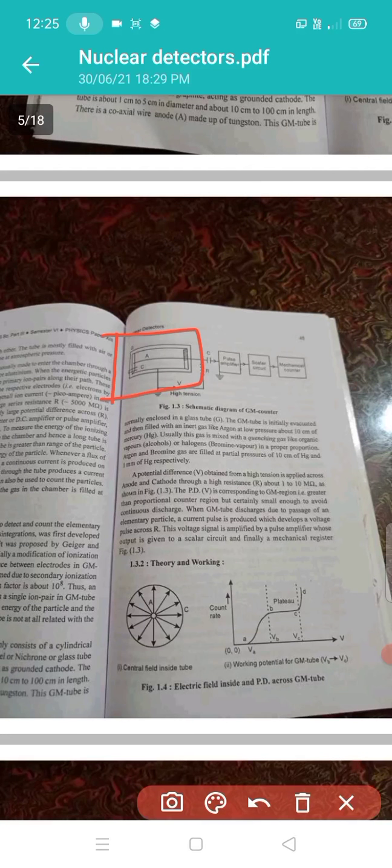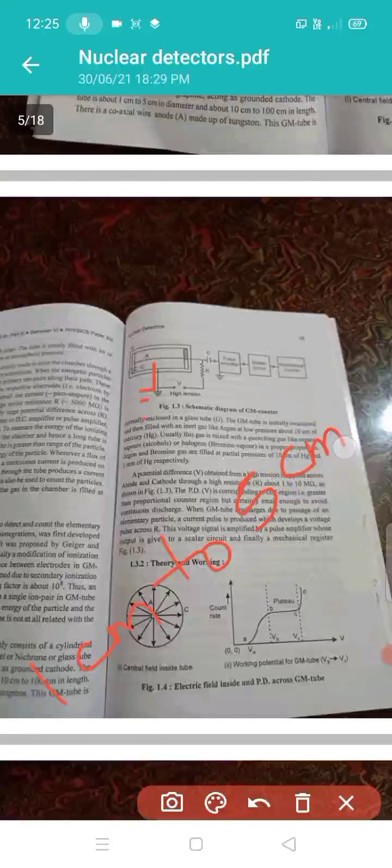See here, this one is grounded and it acts as a cathode. The tube is about 1 centimeter to 5 centimeter in diameter and about 10 centimeter to 100 centimeter in length.